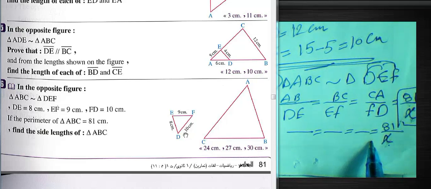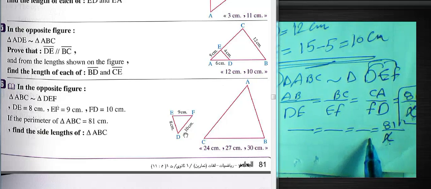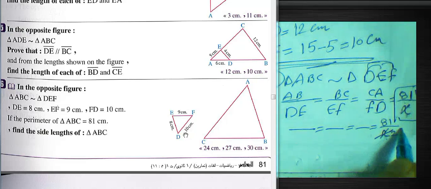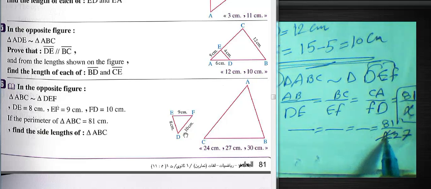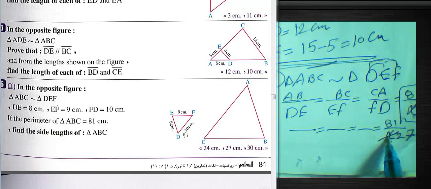9 plus 8 equals 17, plus 10 equals 27. So x, we will cancel it and write 27 here. Again, x refers to the perimeter of triangle EFD.